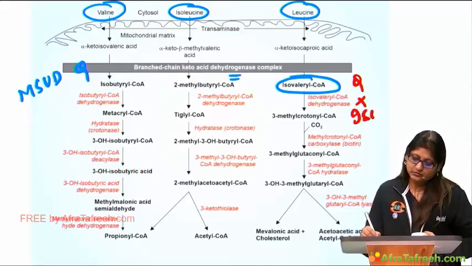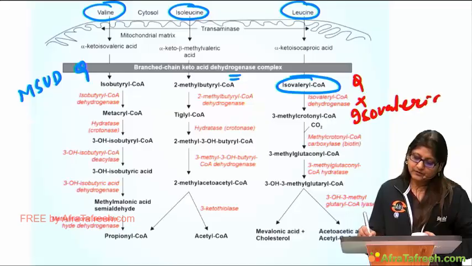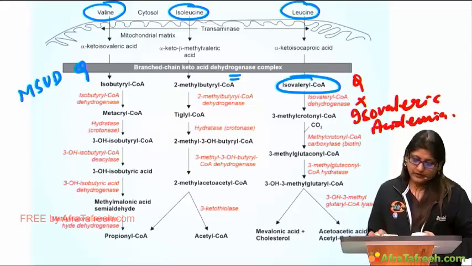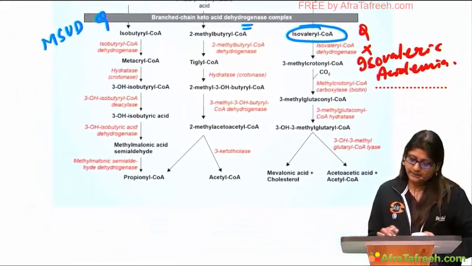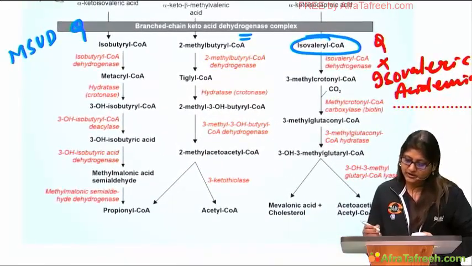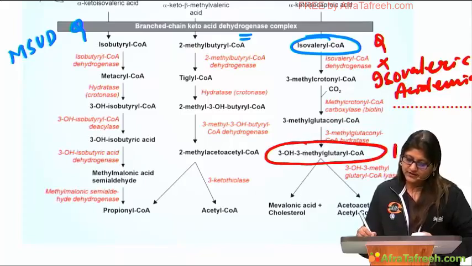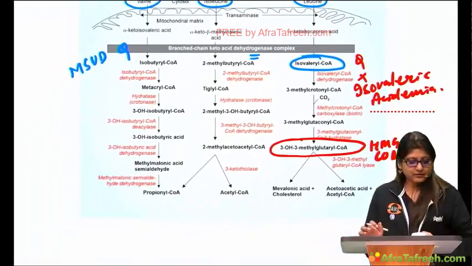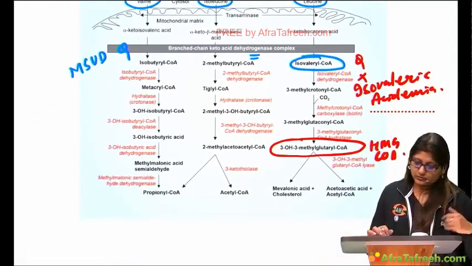And what other thing is important? HMG-CoA. Can you see it anywhere? This is HMG-CoA which is produced in leucine catabolism. Right? So these are important points which you must know.